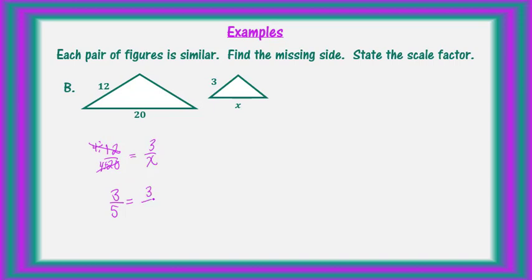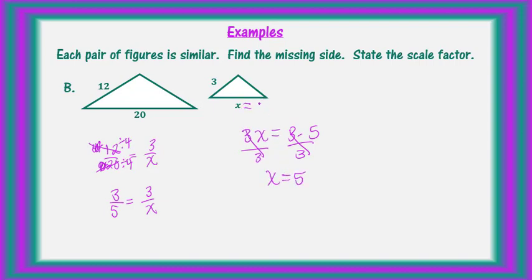And over here I have 3 divided by x. And typically we would write it behind it just to have our notation correct. Okay, now cross multiplying, I have 3 times x, or 3x, equals 3 times 5. Divide both sides by 3. 3's divide off on both sides, so I have x equals 5.